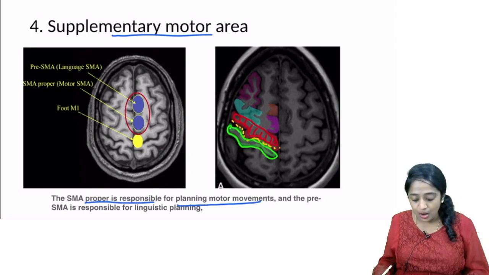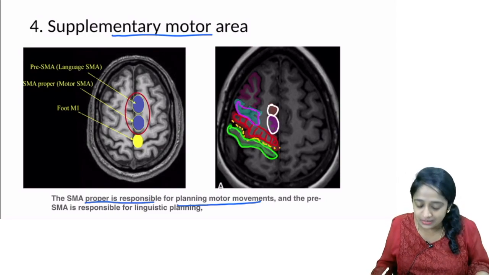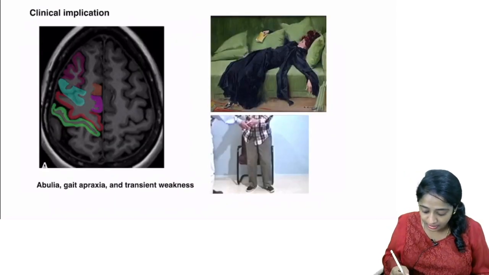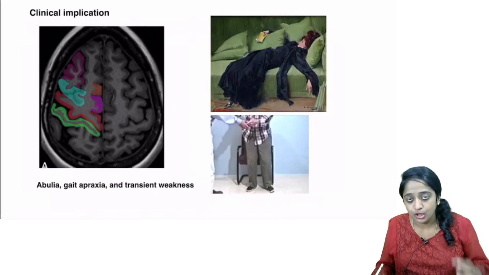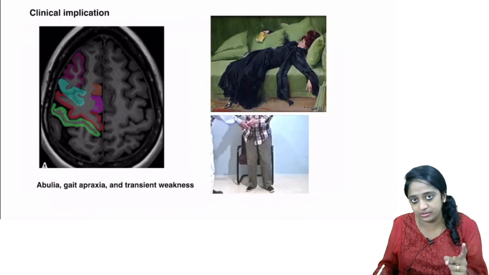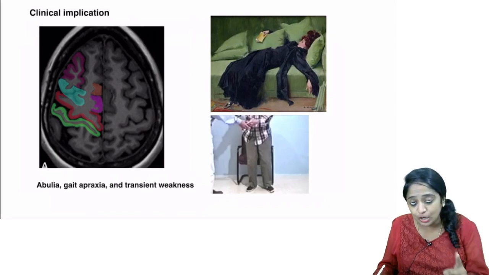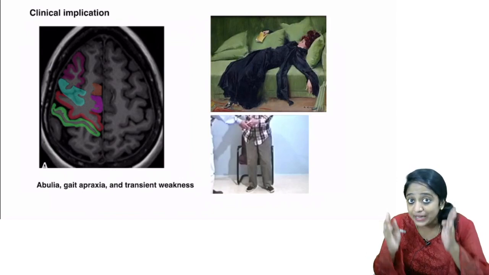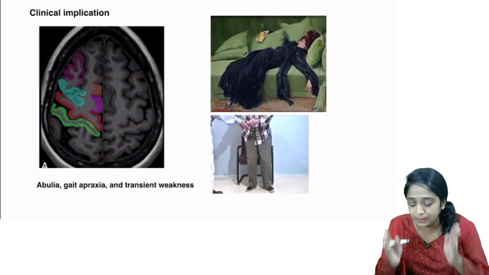Okay. Now, what is the clinical significance of supplementary motor area? Supplementary motor area, if you get any insult in the form of a tumor or infarct, which infarct? ACA territory infarct. Why ACA? Because that occupies the territory, frontal lobe supplied by the ACA, medial most aspect of the frontal lobe, so supplied by ACA.